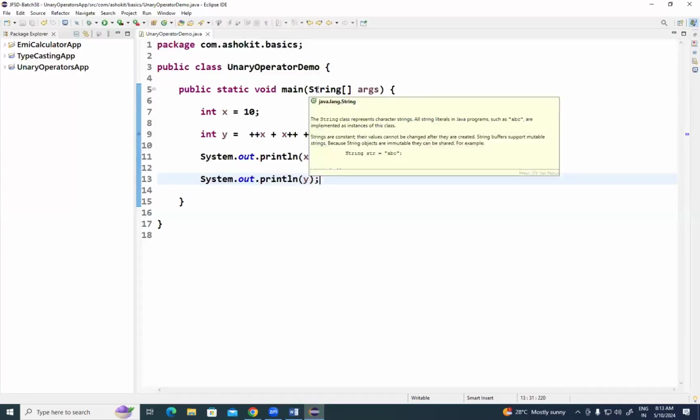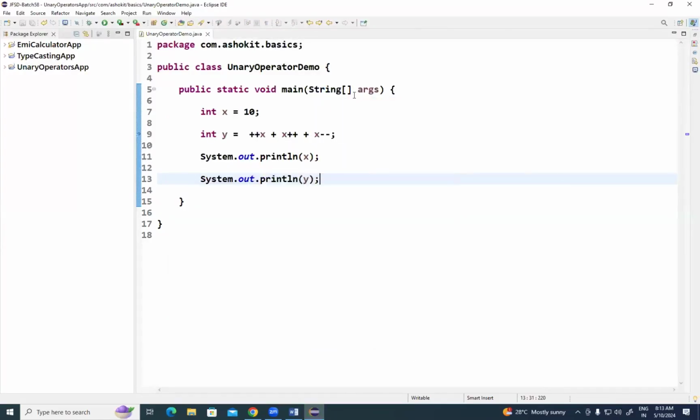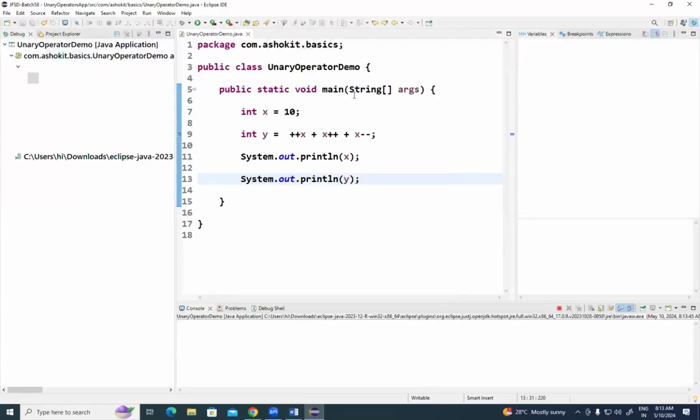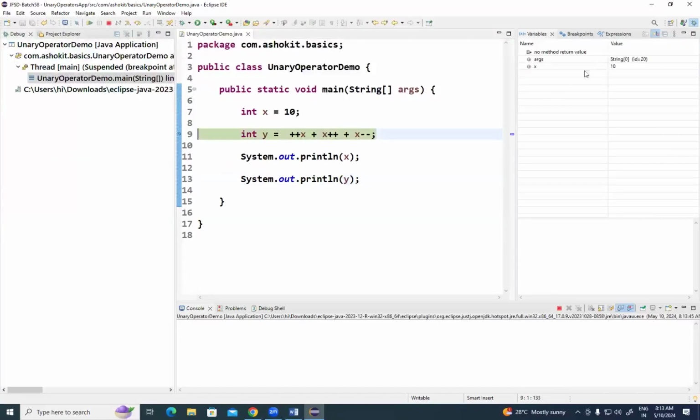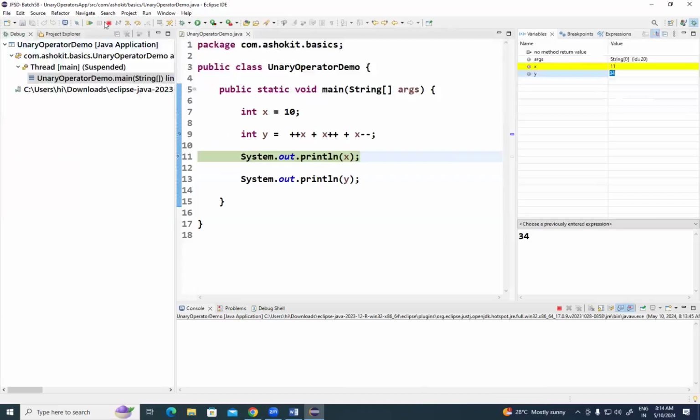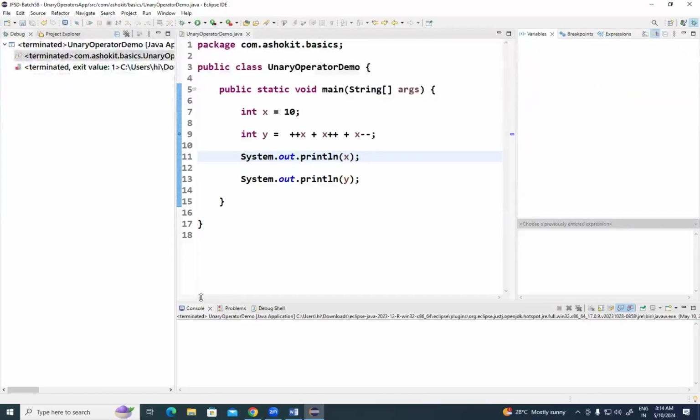Yeah, the X is 10. We are getting X 11 and Y 34.